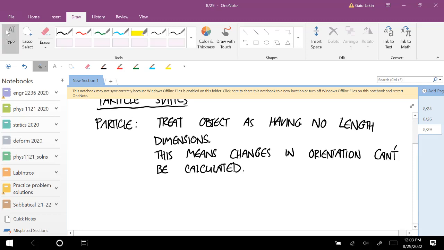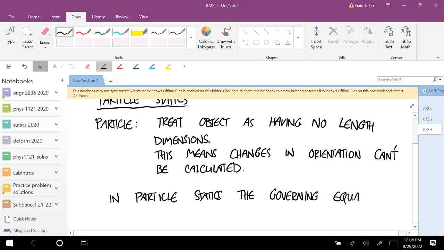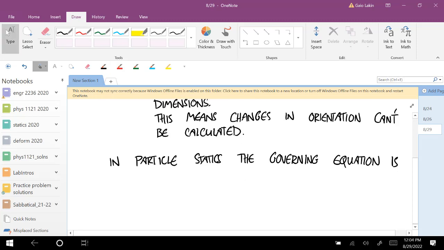If you're treating something as a particle, so in particle statics, the governing equation is Newton's second law.